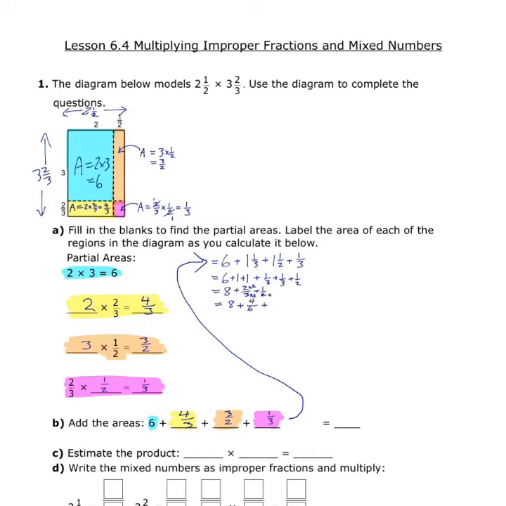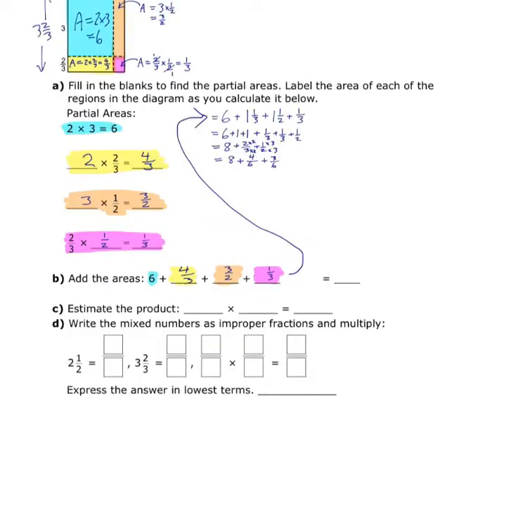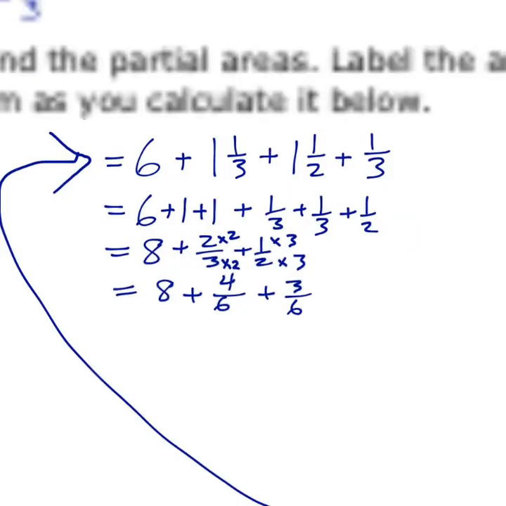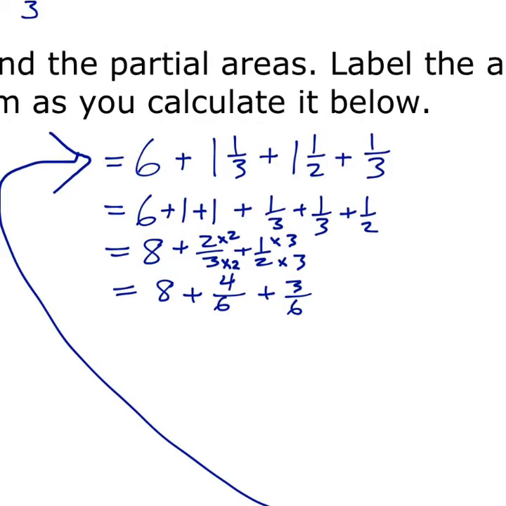And then we have to multiply this one top and bottom by 3, and that gives us 3 over 6. And now let me just zoom in on this because maybe it's not quite big enough for you to see very easily. So hopefully now that's a lot easier to view.